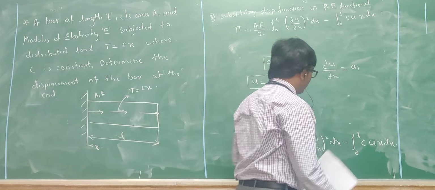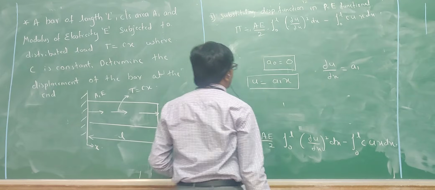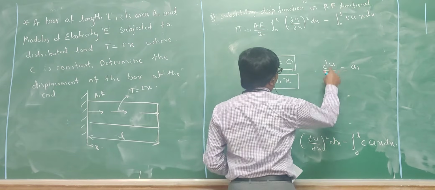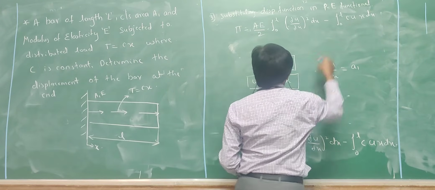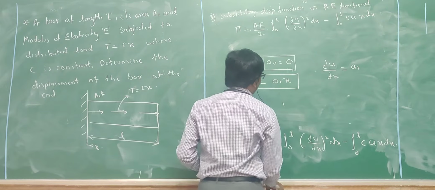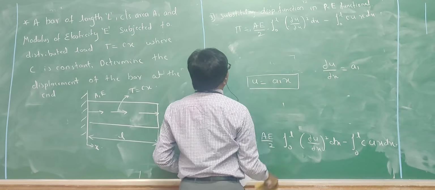So this is the equation. Wherever the values are there, I will be substituting. In dou u by dou x, we will be substituting a1, and wherever u is there, I will be substituting it as a1x.